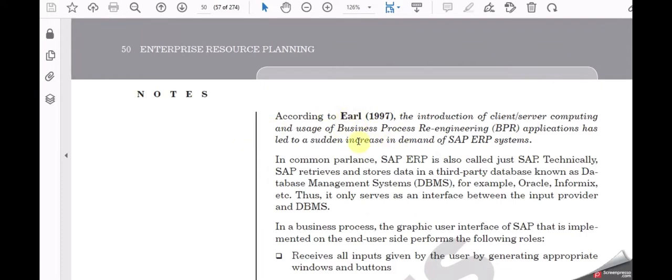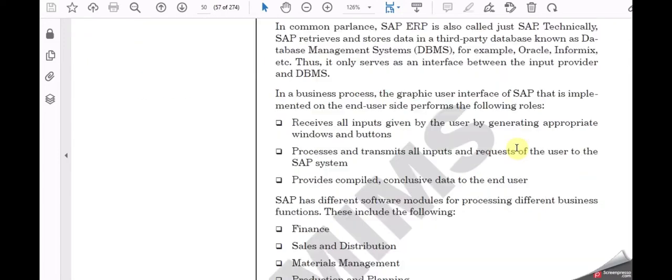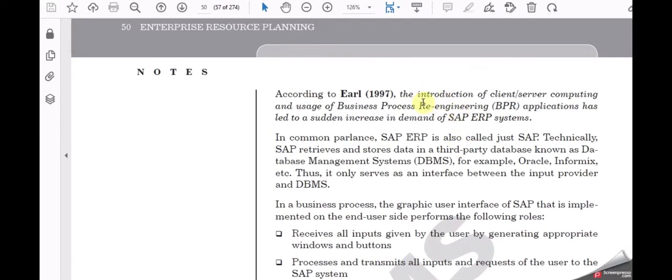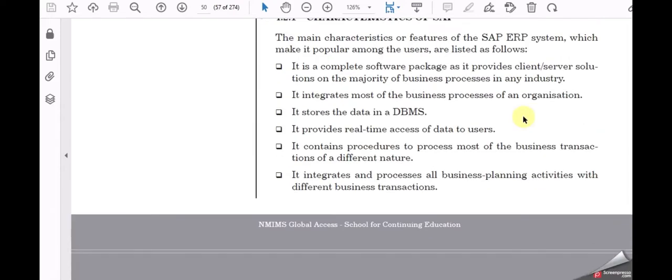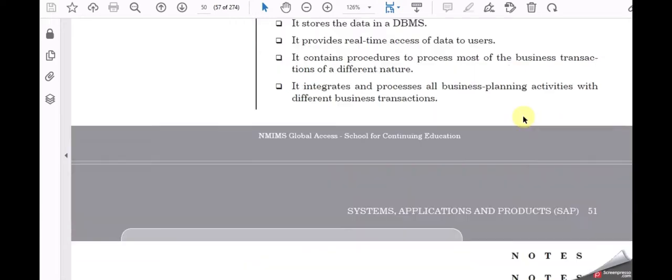Again, guys, if you want to write up definitions, then you can go ahead and write them. But do mention that these definitions have been taken from the books, otherwise there will be an issue with plagiarism. And of course, the definitions are the same, so you can just write them as they are. Then you have characteristics of SAP.